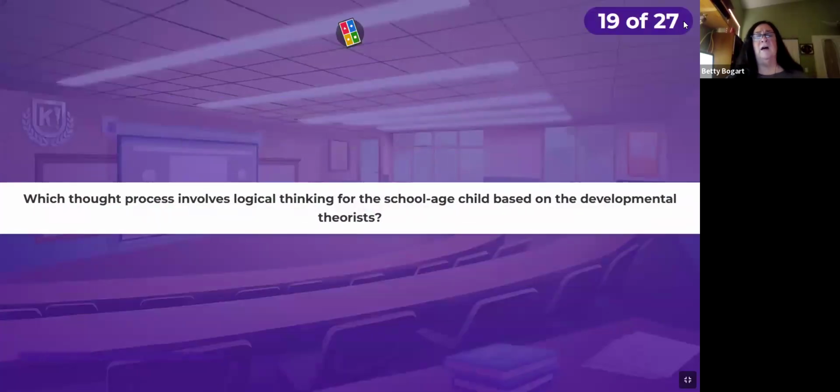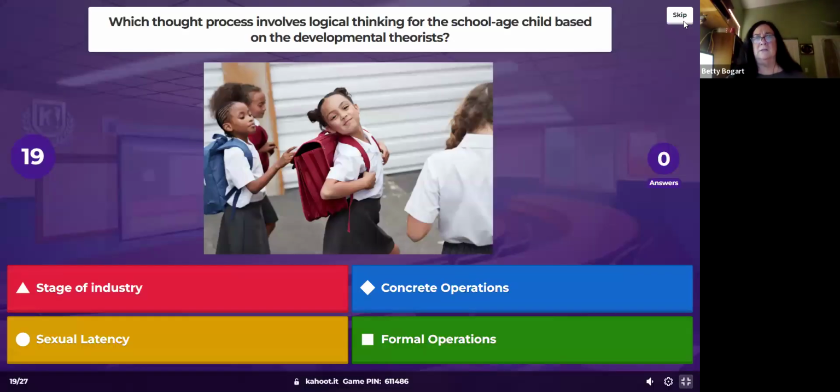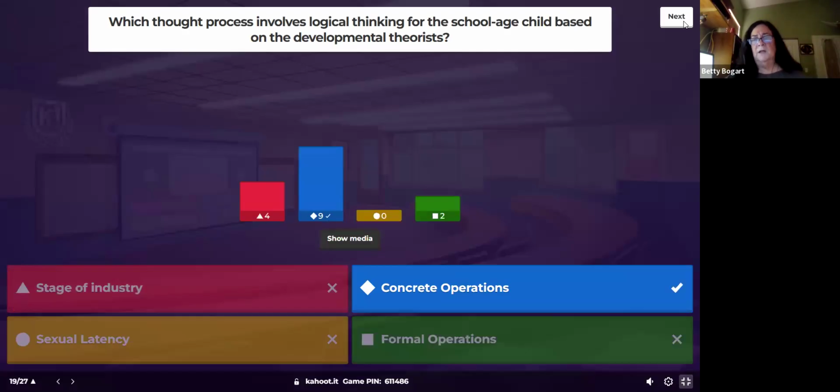Which thought process involves logical thinking for school-age children based on the developmental theorists? How do school-age children think? School-age children think if they've seen it, touched it, felt it before, they can do it again.